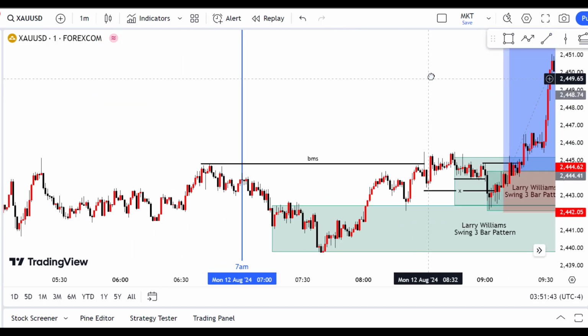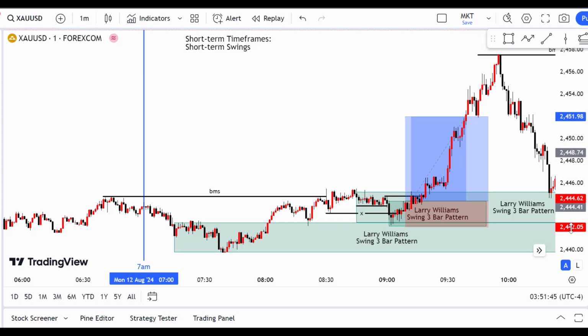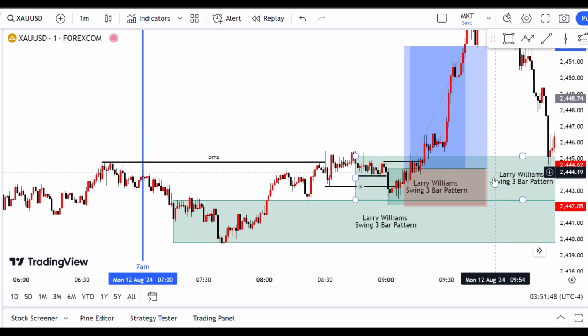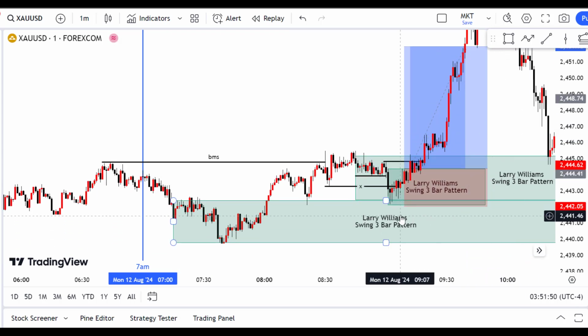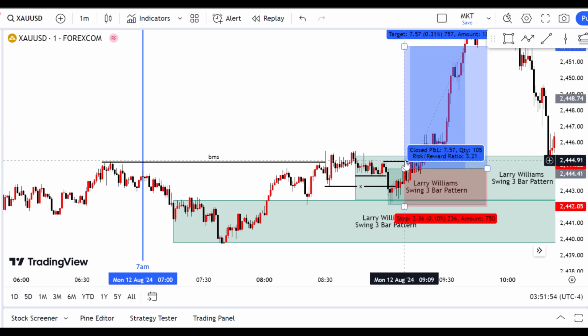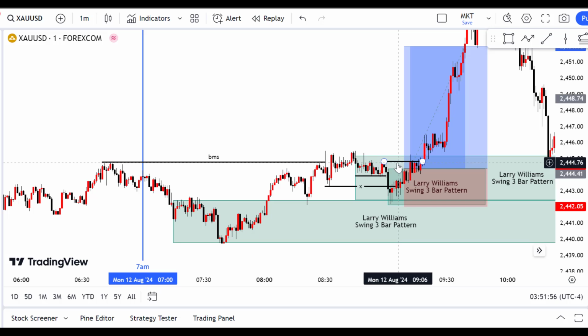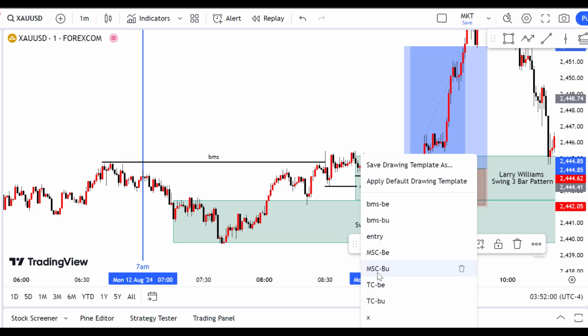First of all, let's quickly look at our example 1. When we enter on the 1-minute time frame market structure shift, what do you see in this chart? Market structure shift, it became bullish at this point.